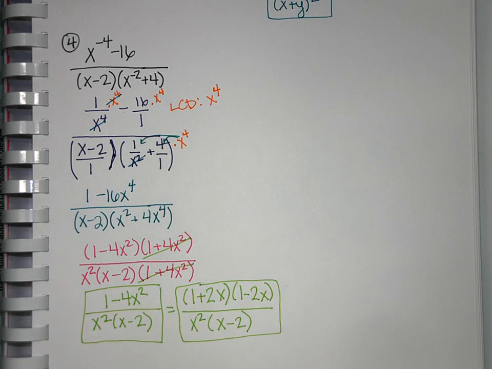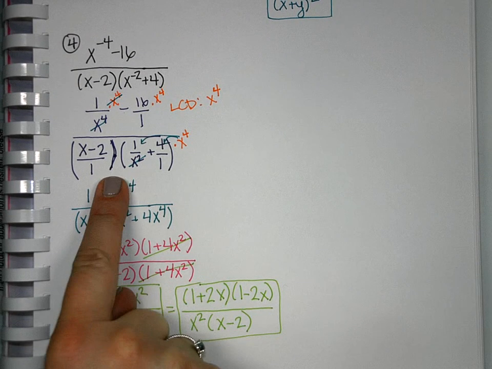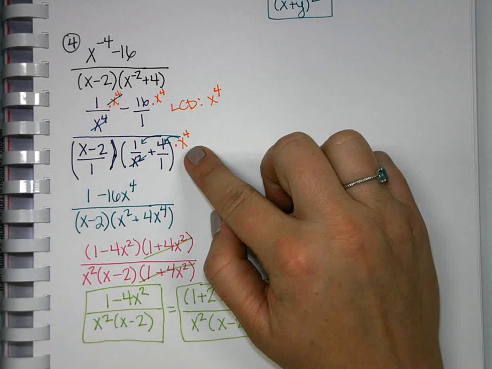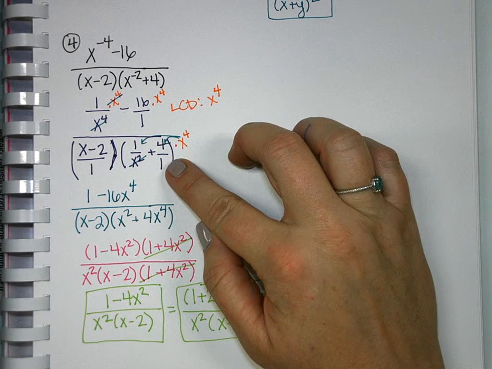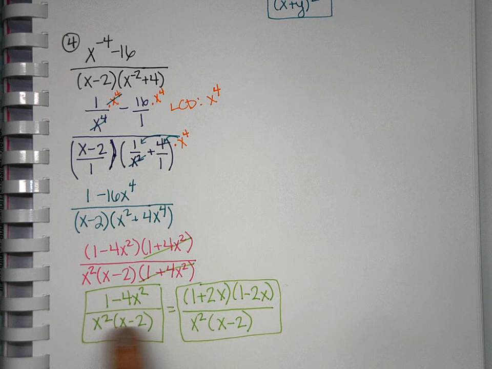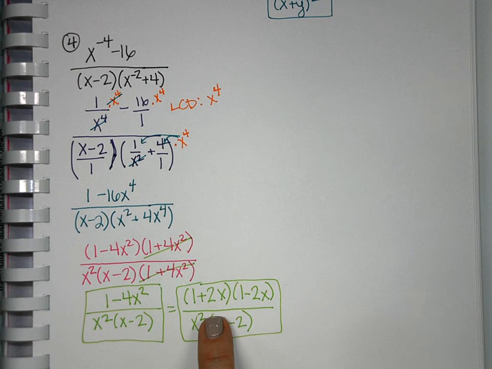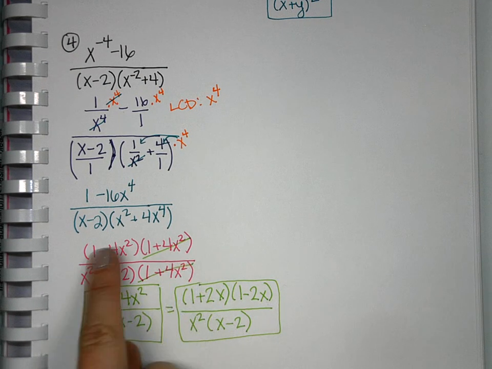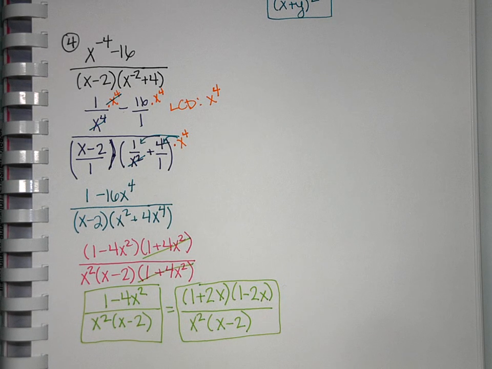But we had some different things like a product in the denominator. So again, when you have a product, you only have to multiply the LCD to one of the binomials or one of the polynomials. And then you might have a case where you can factor more than once within a numerator or denominator. So you want to do that just to make sure you've got all your simplified parts.